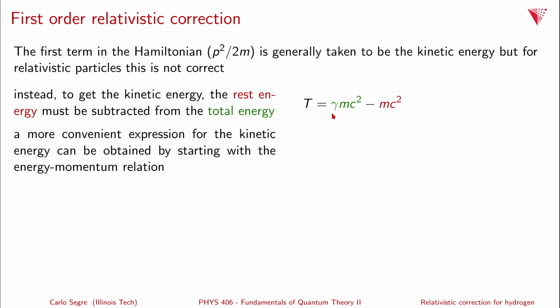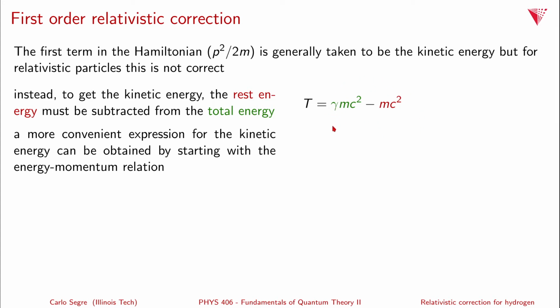So gamma becomes 1 when you're non-relativistic, and it becomes bigger than 1 when you're relativistic. So we can generate a better expression for the kinetic energy that is now not p squared over 2m, but is more complicated than that. And it's not as convenient as writing it like this. We have to transform this into something that's more useful.